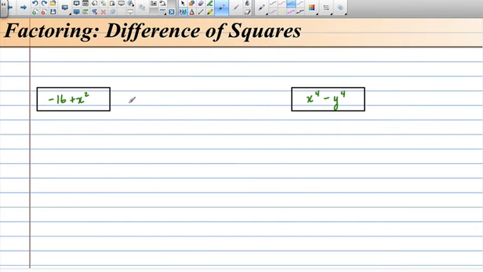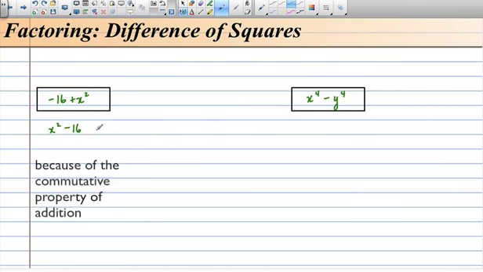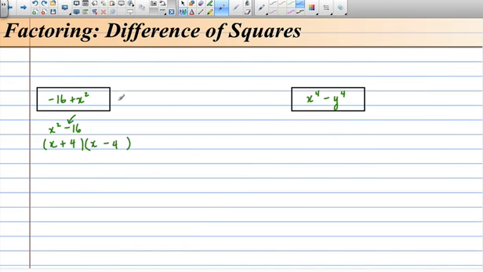We should talk about 2 more examples. The first one we previously rewrote as x squared minus 16. We could have also done this question by taking out a common factor of -1. Now we have a difference of squares, 4 in the front and x in the back.